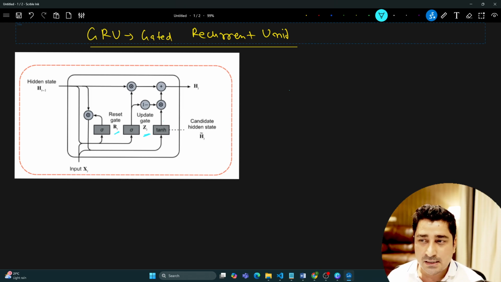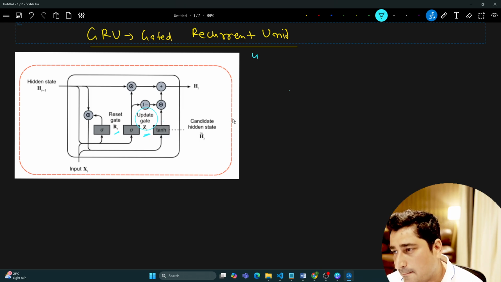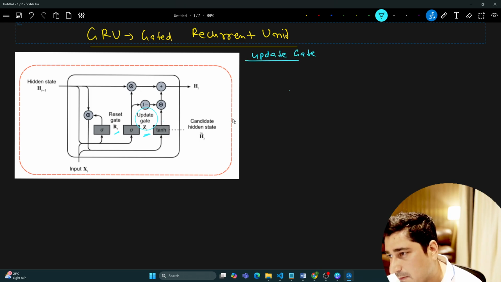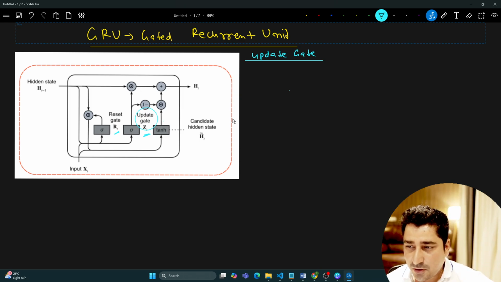So let's try to understand this with the help of equations, how it is going to update things. First, let's talk about the update gate available over here. As you can see, the update gate takes input: a previous hidden state and the current input.